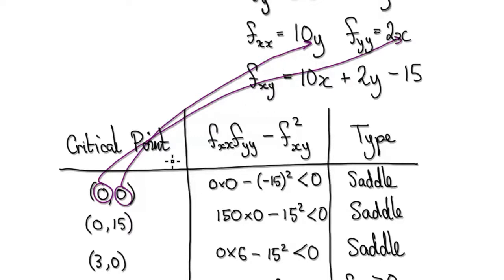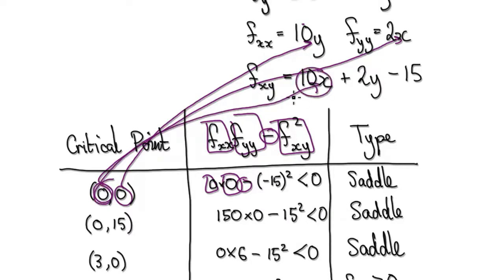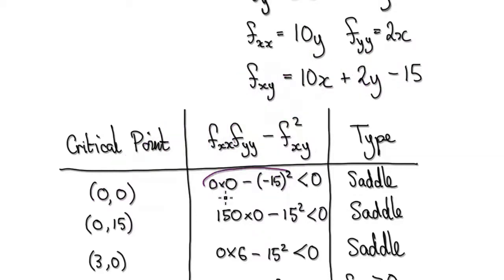So looking at this times this will be 0 times 0, and then you've got your minus, and now we need fxy, which is this thing here. We need to put 0 into here, which would be 0, and then minus 15. So you've got your minus 15 squared. Well, this whole thing would be less than 0. If it's less than 0, then it's going to be a saddle point. So at the origin, it's going to be a saddle point.